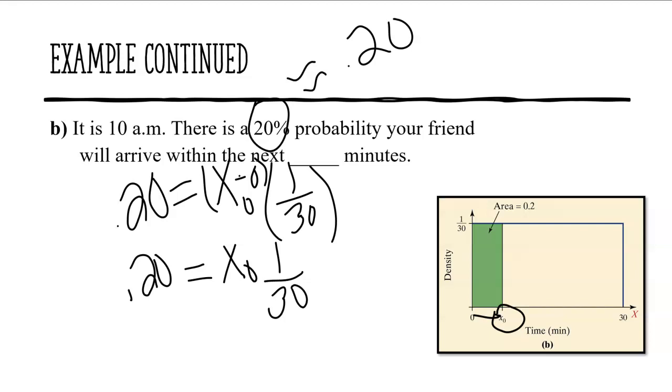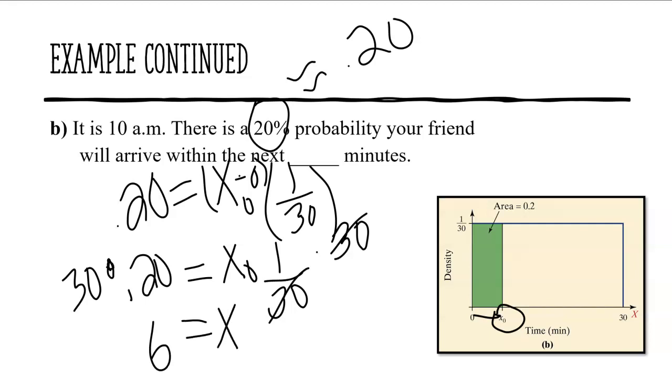If we want to solve for x naught, we multiply both sides by 30 to get rid of the 1 over 30, since those 30s cancel. So 30 times 0.2 is 6, and x naught equals 6. So there is a 20% probability your friend will arrive within the next 6 minutes.